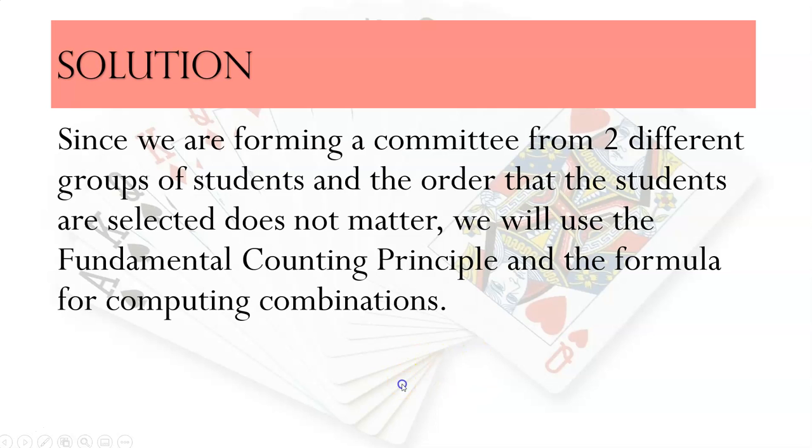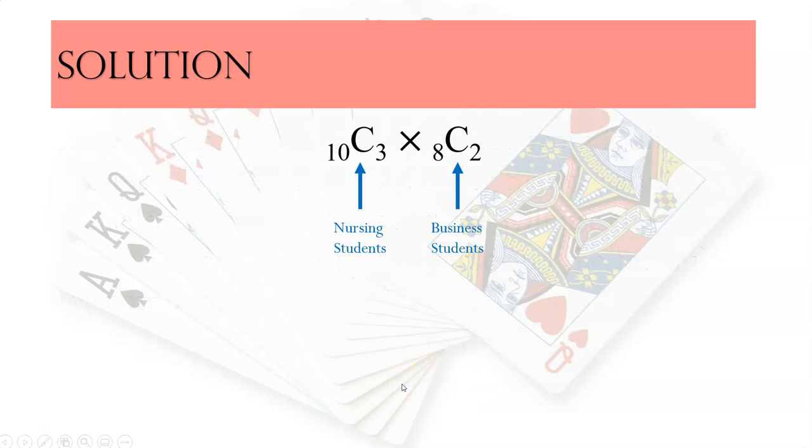So it looks like this. 10C3 for your nursing students because you had 10 total and you're choosing 3 for the committee, and 8C2 for your business students because you had 8 of them total and you're going to pick 2 of them for the committee.